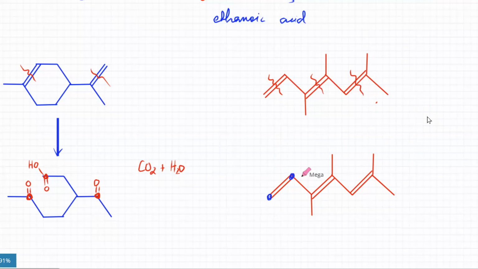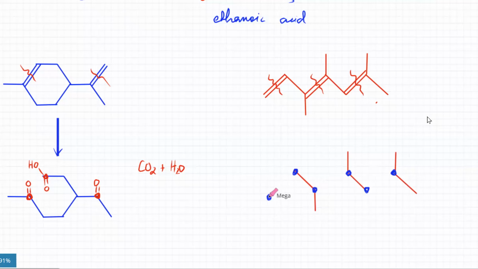And the focus is on the double bonded carbon atoms. So I'm going to remove the double bonds. This is gone, this is gone, this is gone, right? So I'm getting these, slightly separated. The focus is on the carbon atoms, the ones that I've marked that were making the double bonds. Is that clear so far? What should this turn into?